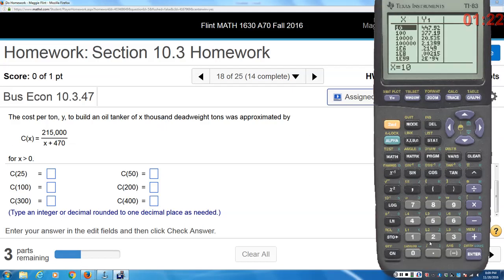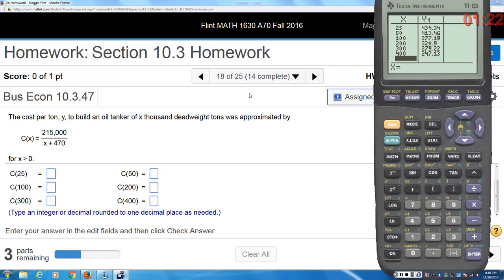So on your table, it's really easy to do this. You just plug in 25 and 50 and 100 and 200 and 300 and 400. And then it says round to an integer or a decimal rounded to 1 decimal place.